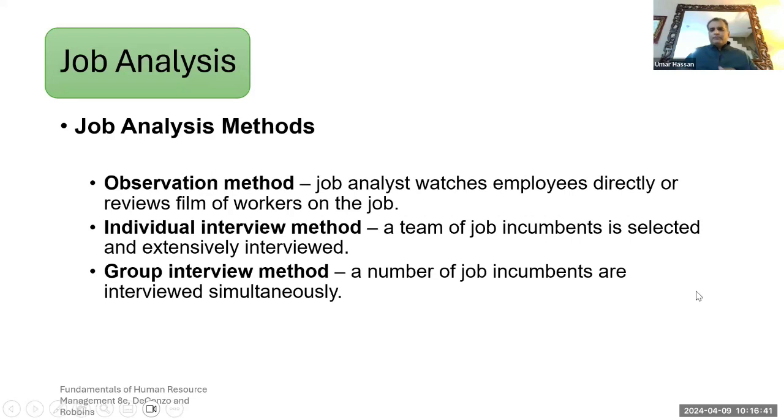Okay. So I just mentioned that one of the methods of collecting information regarding job analysis is the observation method, in which the job analyst watches employees directly or reviews film of workers on the job. This is one of the typical methods that goes on within organizations. It's called surveillance maybe, or CCTV cameras are used for it.